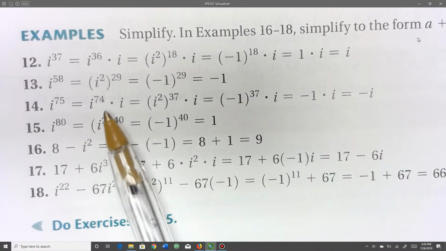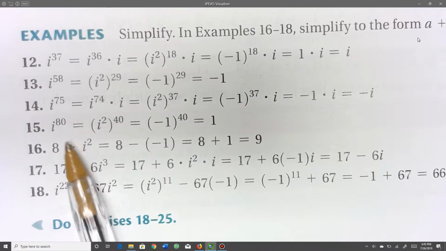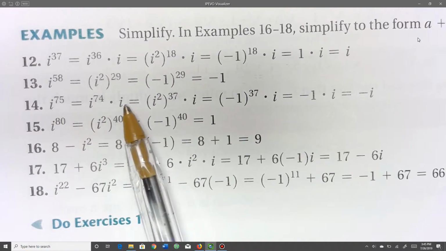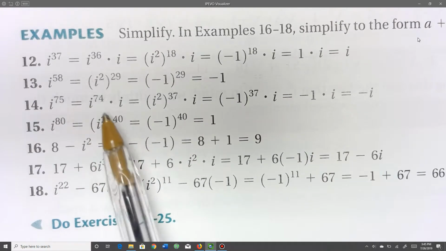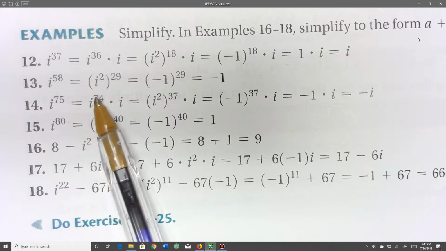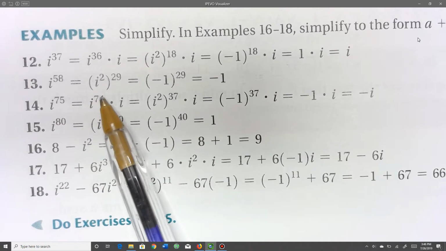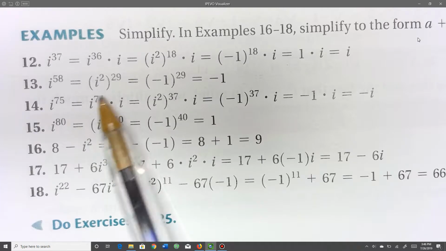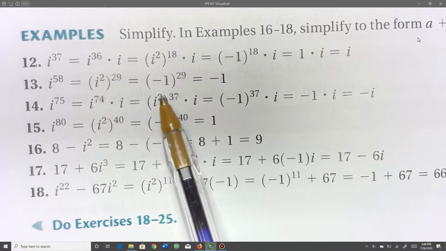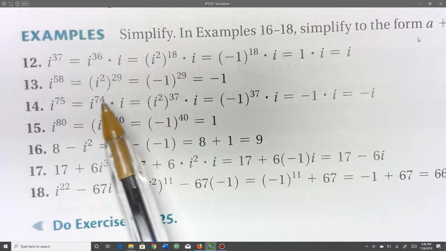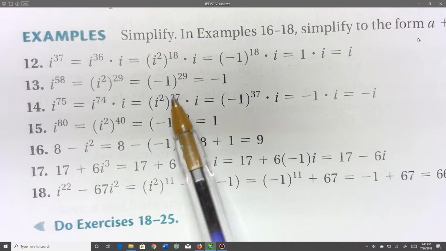Again, for odd values, you're going to have a remainder of i. Write the other i's as even exponents. Therefore, now you can use this rule: get the square root of i squared, half the exponent, and raise it to that exponent.